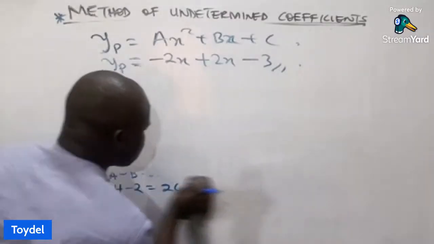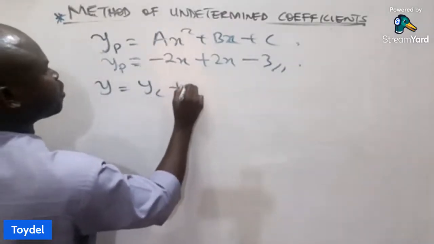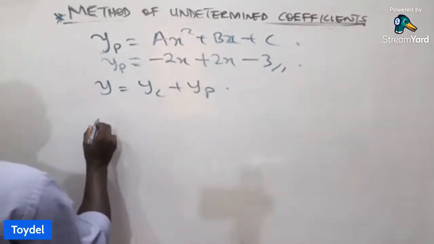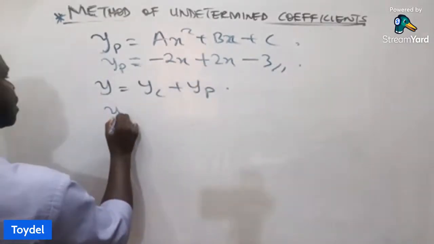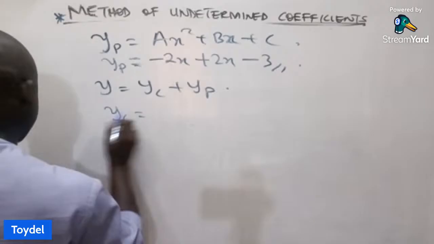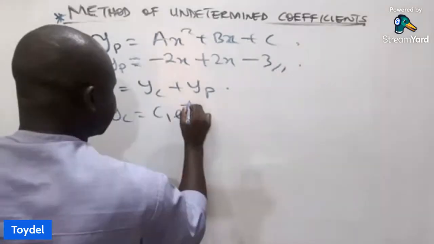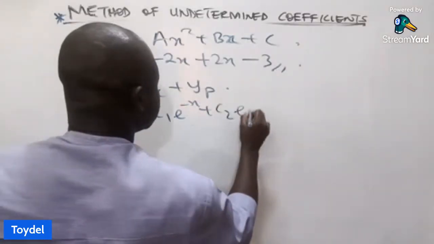So what will now be the general solution? The general solution to that problem is yc plus yp. Then this is our particular solution. What about the complementary solution? We have gotten the complementary solution to be c1 e to the minus x plus c2 e to the 2x. So what will now be the final solution?